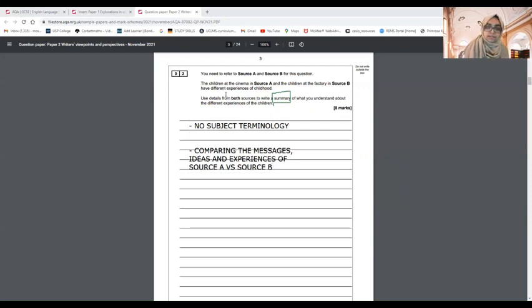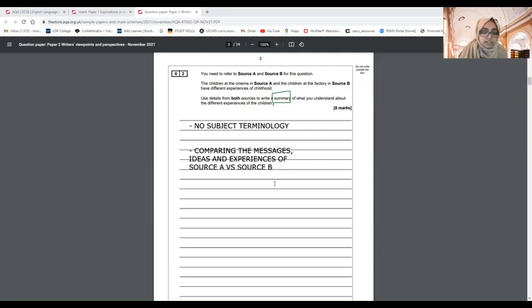They could ask you specifically to compare the similarities, they could ask you specifically to compare the differences, or they could just say compare a summary between the two. So pay close attention to what the question asks you to do. Here they just ask you for a summary, so you can do similarities and differences for this question.